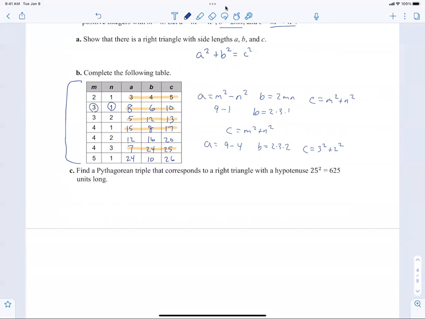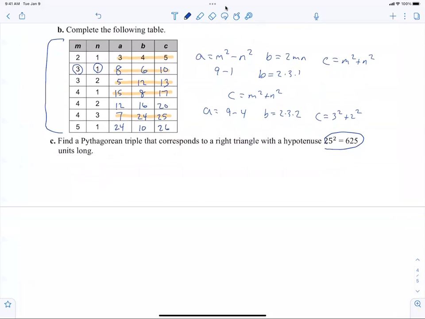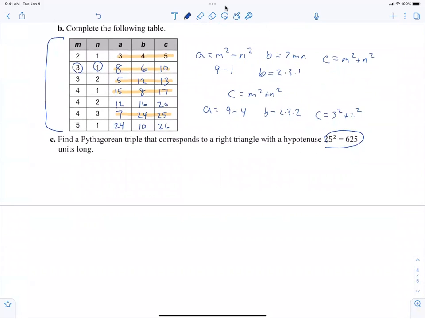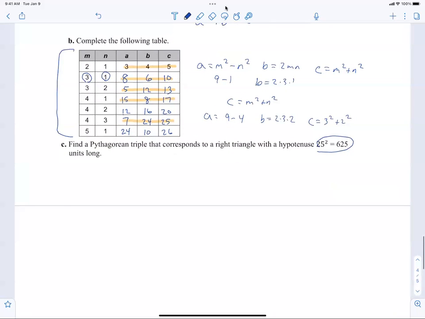All right, so now we want to try to find the triple that corresponds to 25 squared, which is 625. Was anybody able to figure that out? Tell me, Harrison. Well, I appreciate that very much, but 3, 4, 5 wouldn't be the right answer, right?